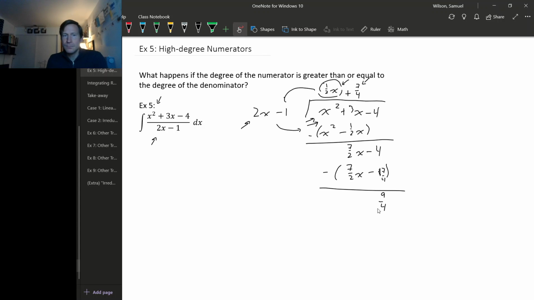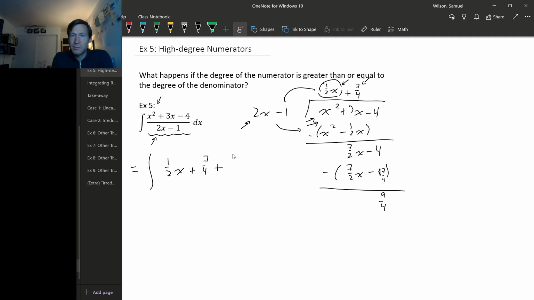Okay, so what this quotient is telling us is that this integrand that we started with is equal to, now we haven't integrated it yet, so we're just algebraically rewriting the integrand. The integrand is equal to the quotient, which is 1/2 x plus 7/4, plus the remainder over the divisor.